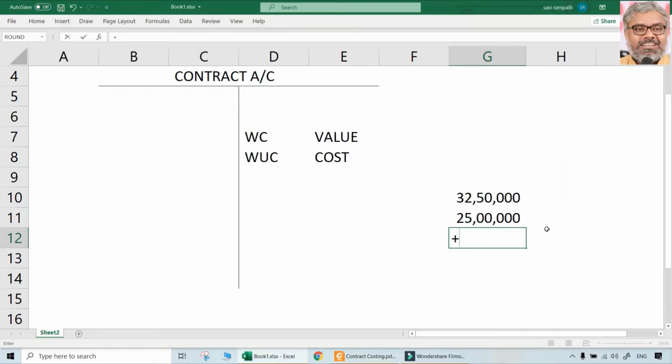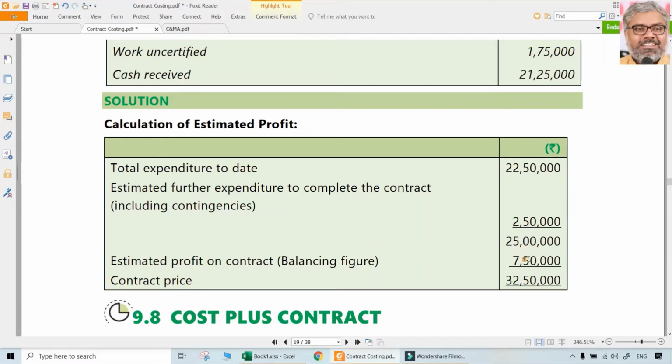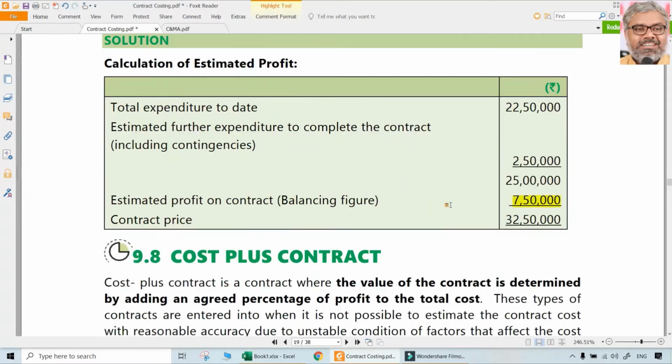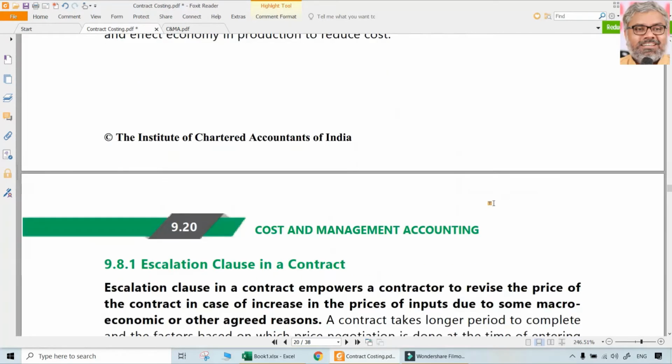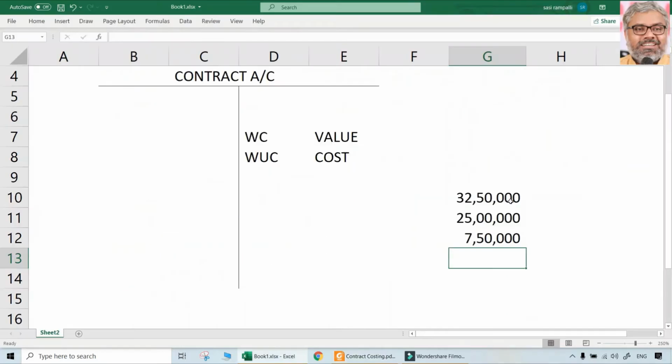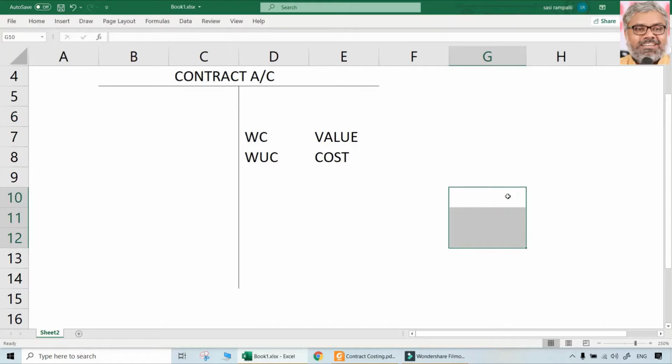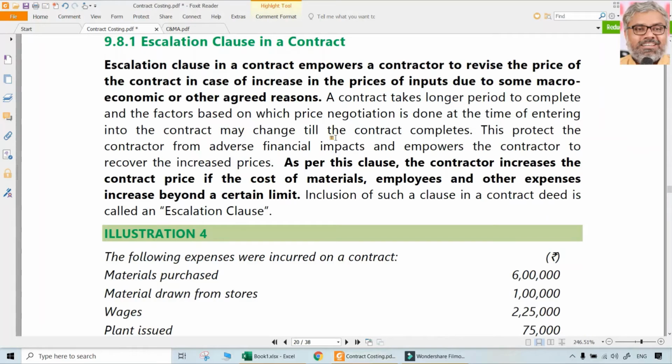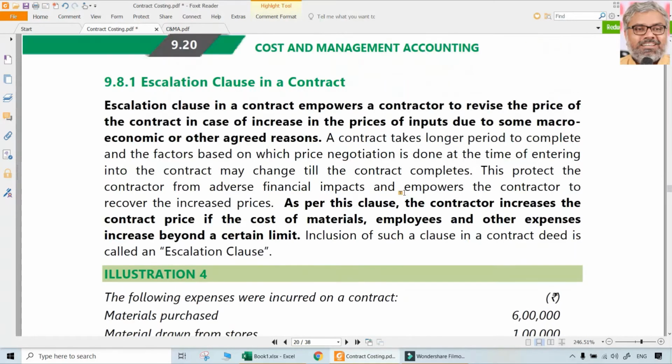So simply, how much will be the estimated profit? That will be 7 lakhs 50,000. That's all. So that's just a simple example to understand estimated profit, which is nothing but contract price minus total estimated cost of the contract, which includes cost already incurred and cost which is supposed to be incurred in future also. That is about estimated profit.